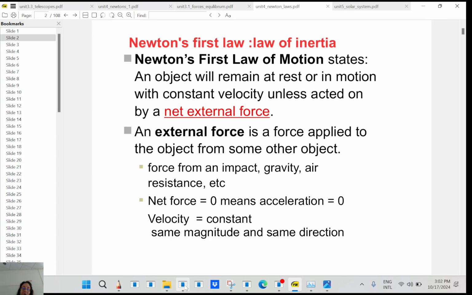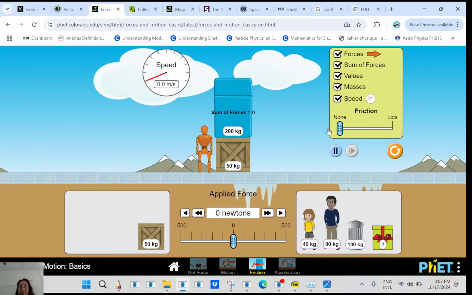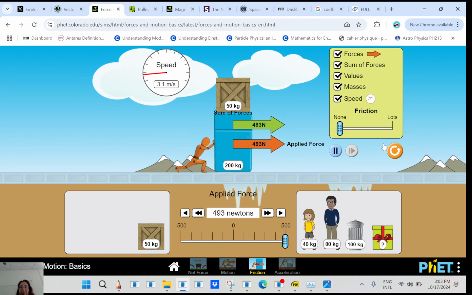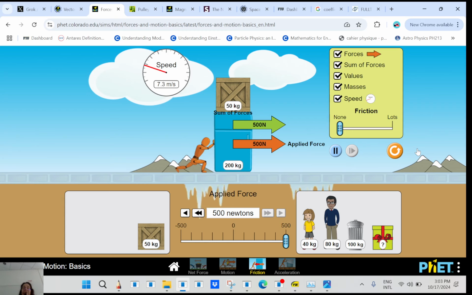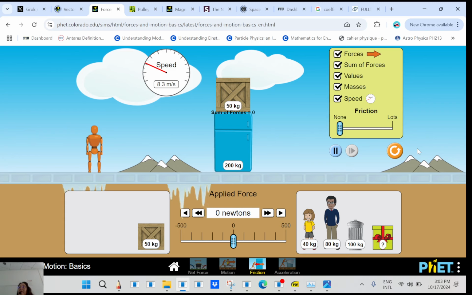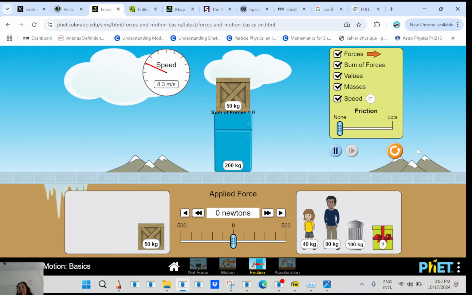And you already saw that with this app, right? If I remove friction, there is no friction. Once I let go, with no friction, it will keep moving in the same direction at the same speed forever after.